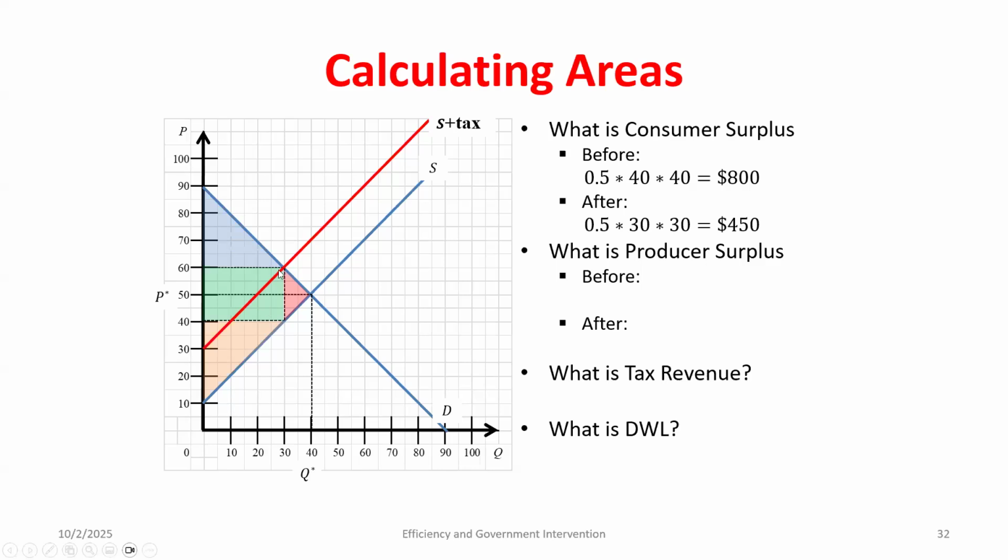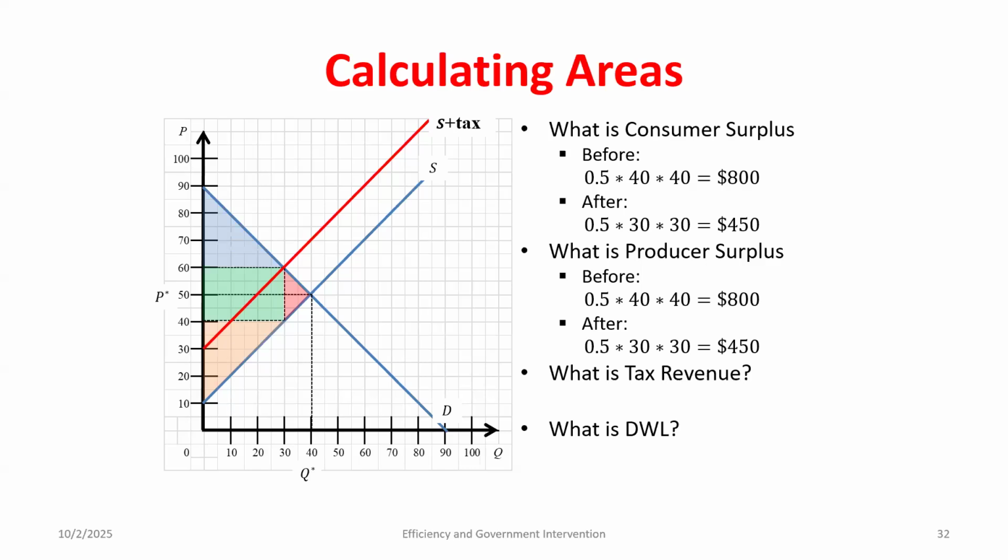So the consumer pays 60, they hand over 20 to the government, and the seller only gets to keep 40. So what's my new producer surplus? The area below the price that they get to keep, but above my supply curve. So 30 times a half. How much did producer surplus go down by? 250 as well.